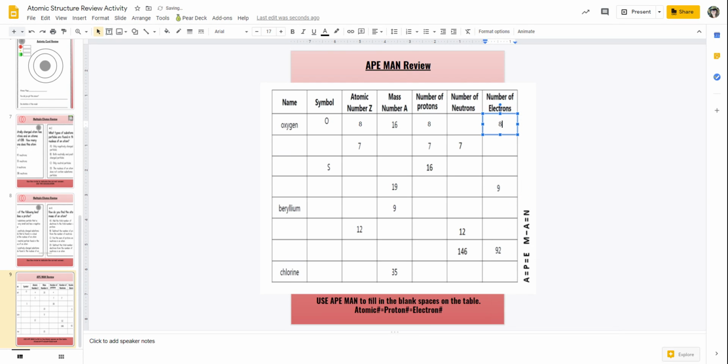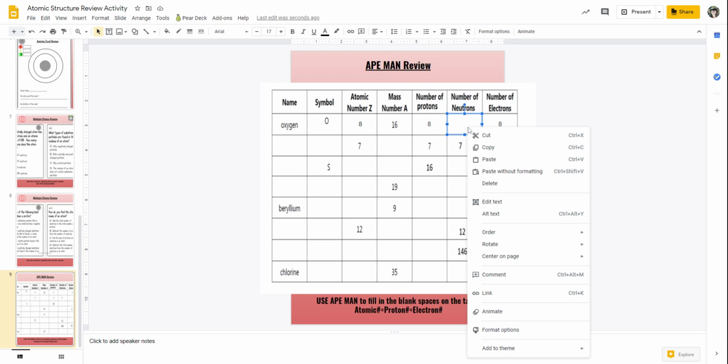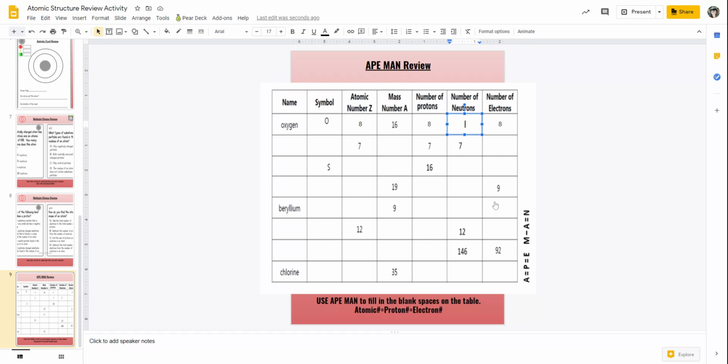Remember, neutrons are not necessarily always the same. Then to find the neutrons, I use mass, subtract atomic number equals neutrons. So mass, subtract atomic number. So this box, subtract this box. Or big number, subtract small number. And that gives me neutrons. So 16 minus 8 is 8.